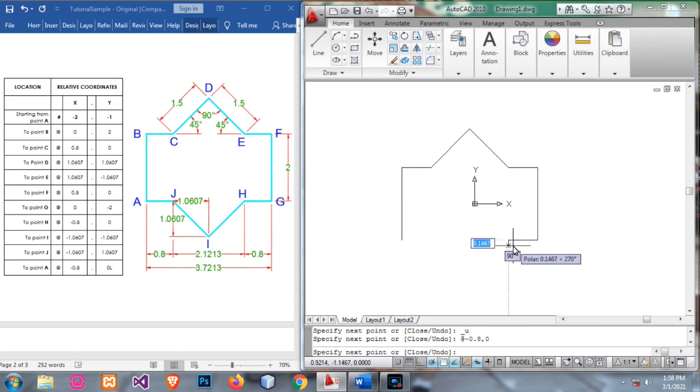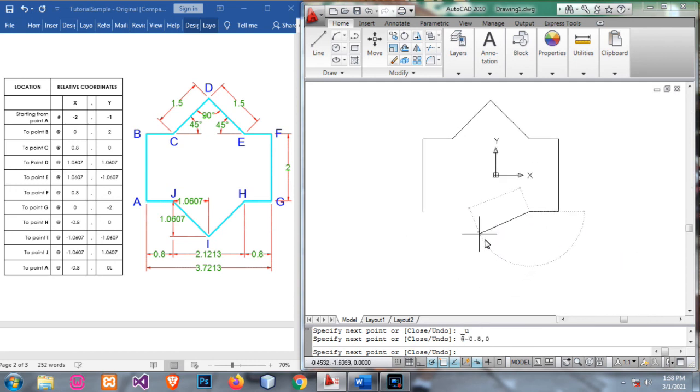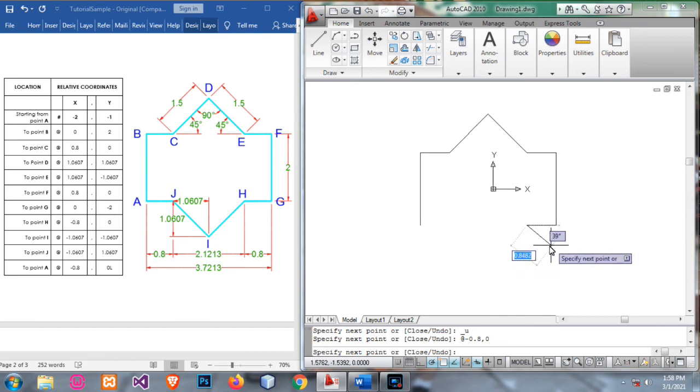Next, from H to I, we have negative 1.0607, then comma, negative 1.0607, and then press enter. Next, from I to J, we have negative 1.0607, comma, 1.0607.